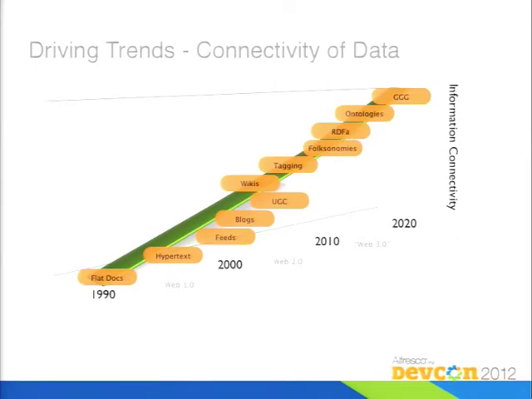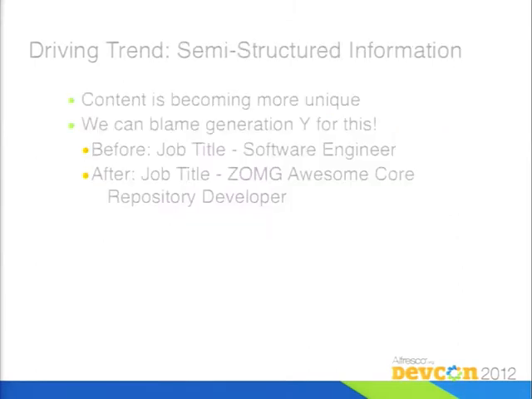The next driving trend is semi-structured information. Content is becoming more unique. You can no longer store information in 1970s style databases. Before, you could simply put everybody in a certain table, like a job title table for a support engineer, but you can blame Generation Y, myself included, because we want all of our information to be unique.